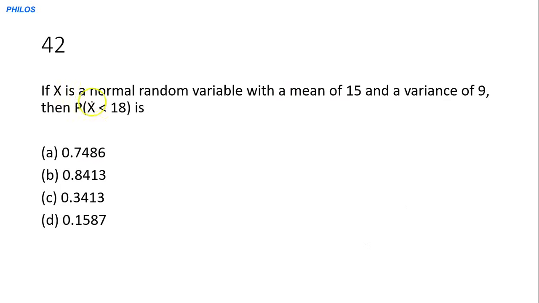42 says, if x is a normal random variable with a mean of 15 and a variance of 9, then the probability that x is less than 18 is... We find the z-score. The z-score will be x, which is 18, minus the mean, which is 15, divided by the standard deviation. But when you look at this question, they didn't give us the standard deviation.